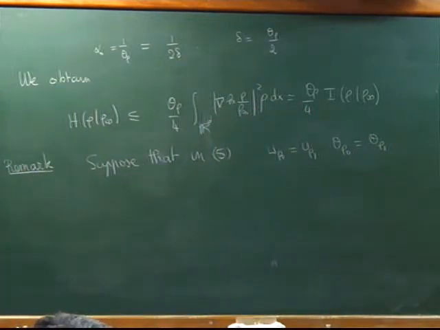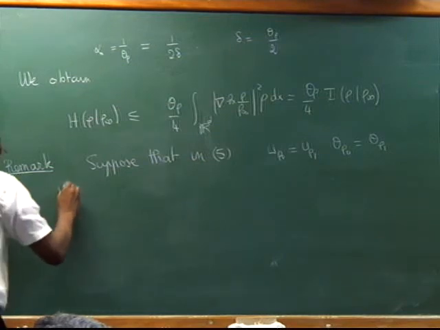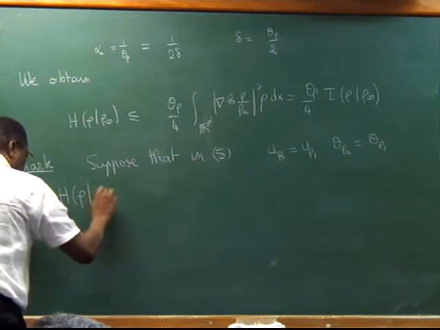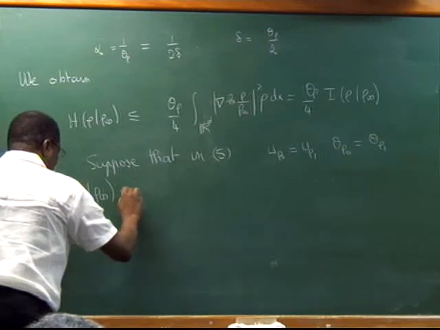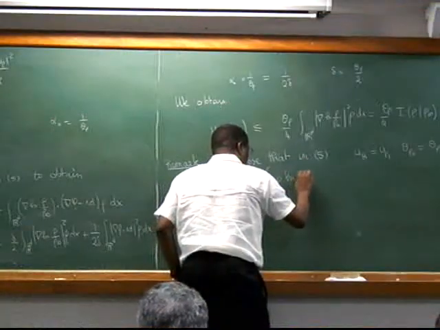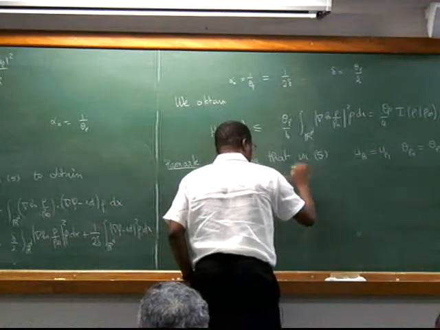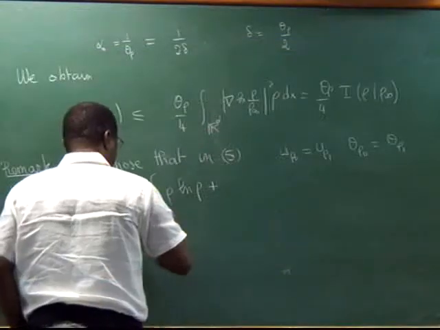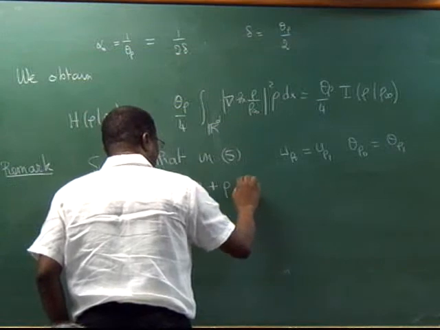And let me compute H of rho, knowing rho infinity, is the integral of rho log rho plus rho phi.